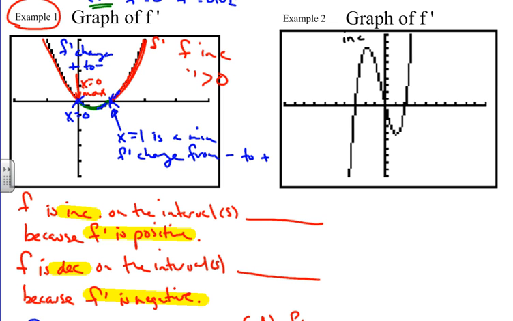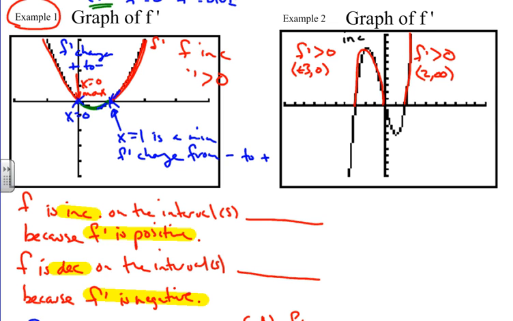It appears from here to here. So increasing, F prime is positive from negative 3 to 0. We can also see F prime is positive over here as well. What interval is that? That's from 2 to infinity.